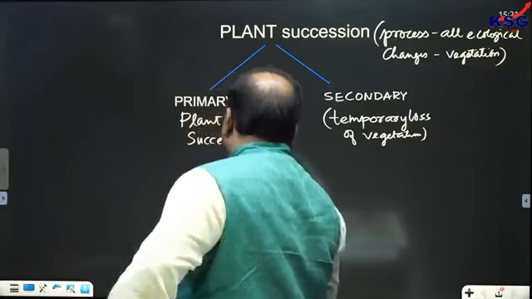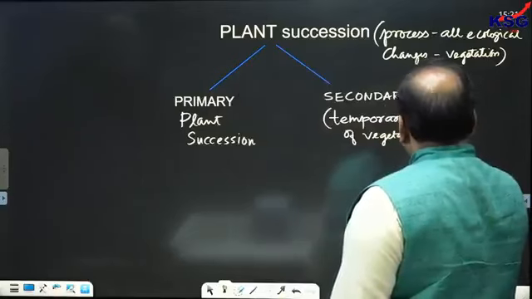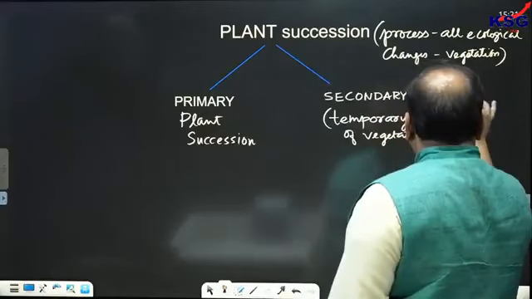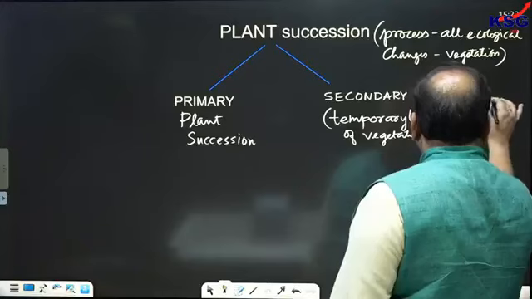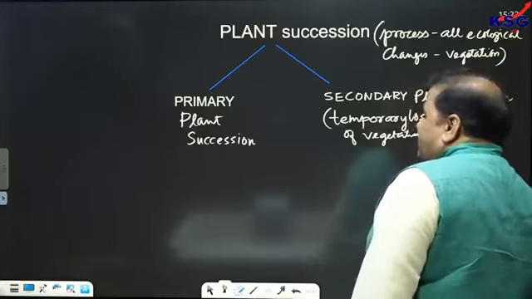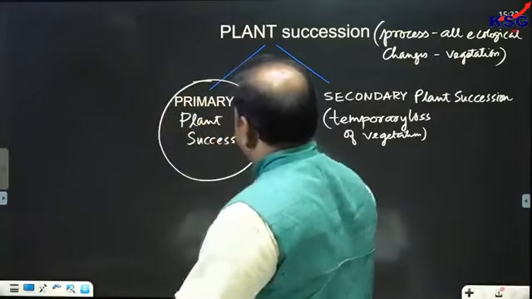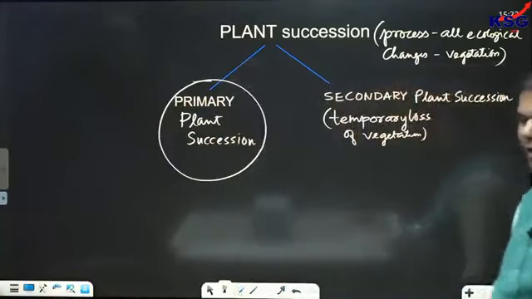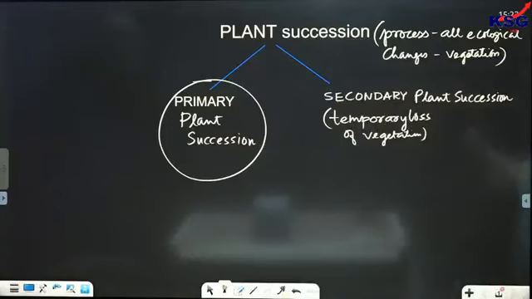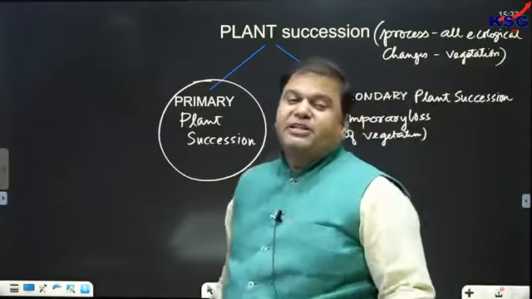And secondary plant succession. Primary plant succession takes place in an area where no vegetation is present from the very beginning.